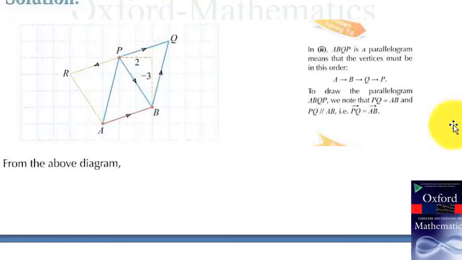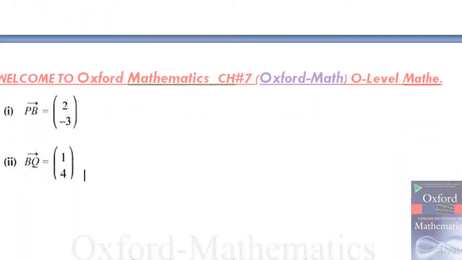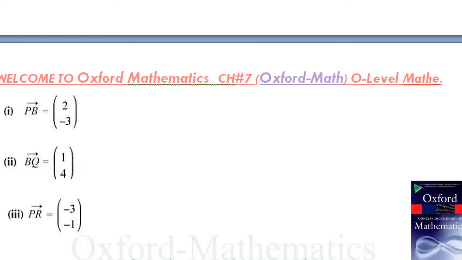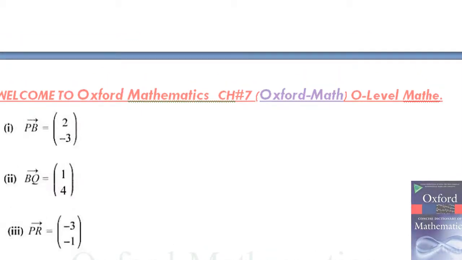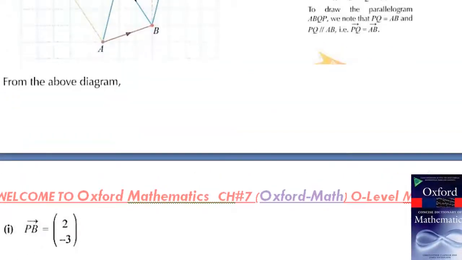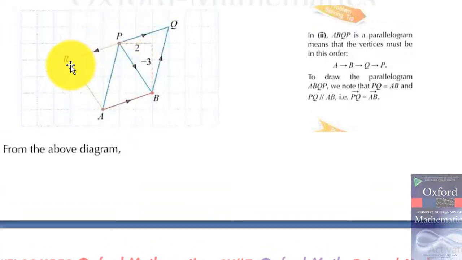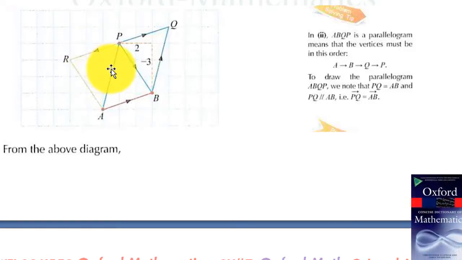For this, BQ is found, and now we find PR from the figure. How do we find PR? This is the point P and this is the point R. How much distance? This is 1, this is 2, this is 3.